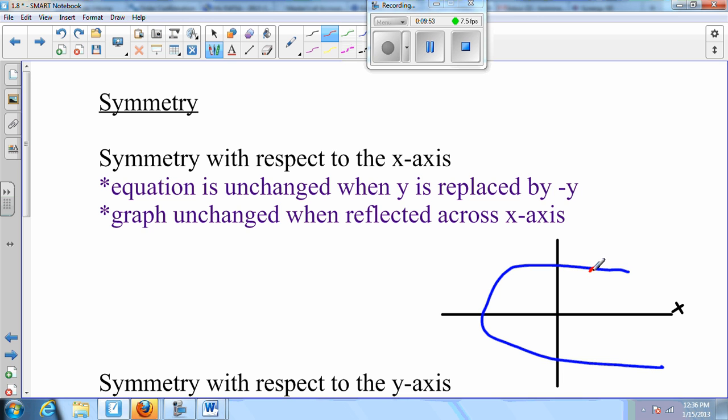We have a point (x, y) above. If we go below the x-axis, the point would be (x, -y).